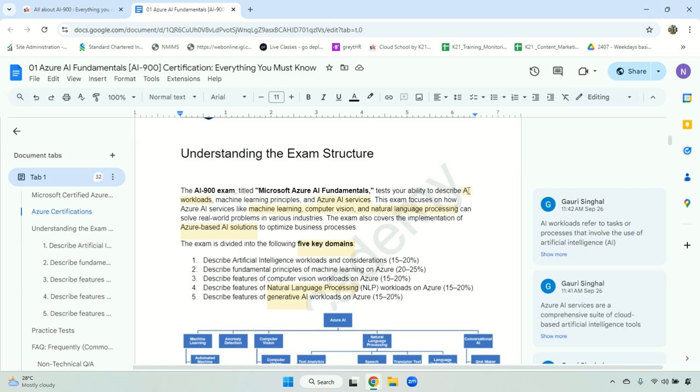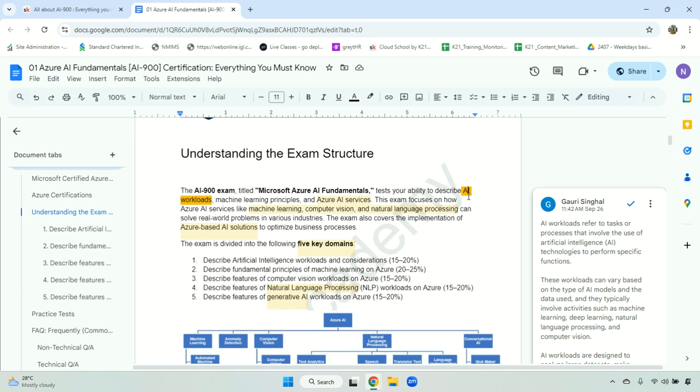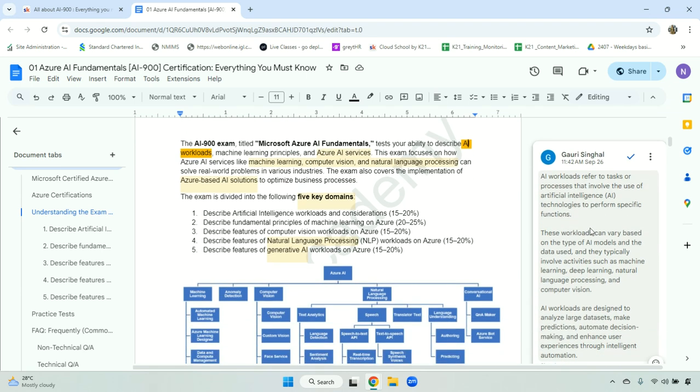AI workloads is a term which may be new to many of you. If you are not sure what AI workload means, we have added a comment for that. An AI workload refers to tasks or processes that involve the use of artificial intelligence technologies to perform specific functions.